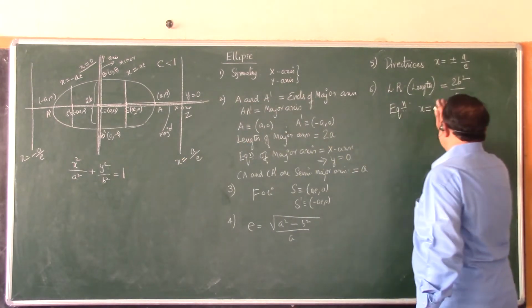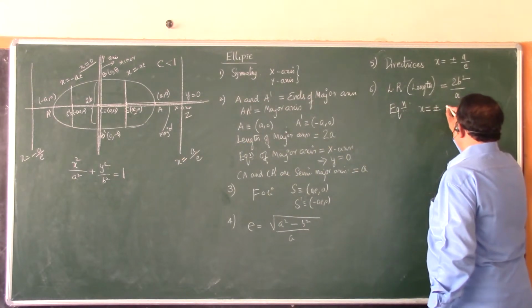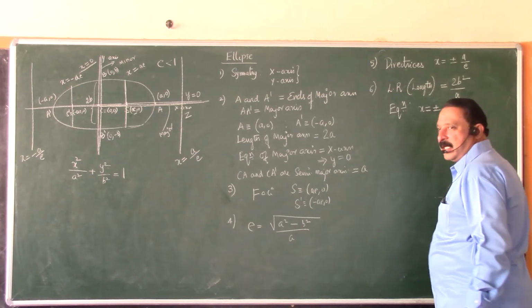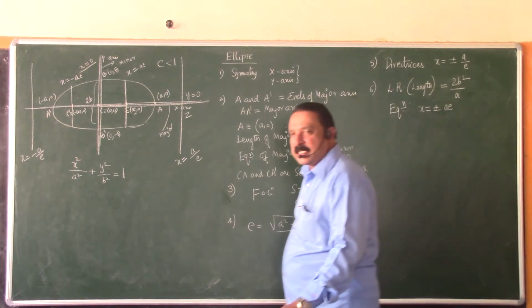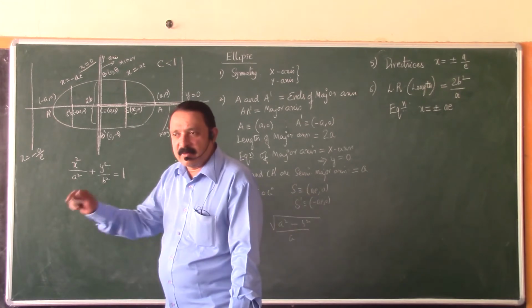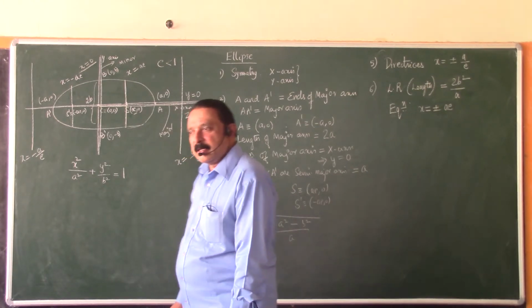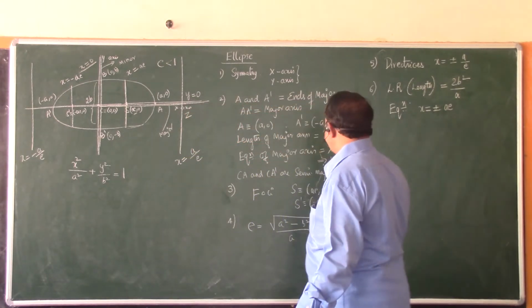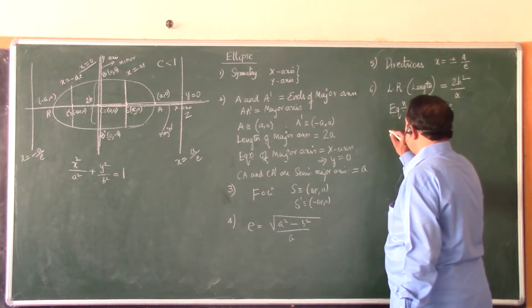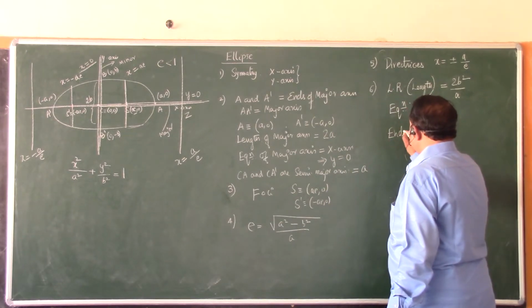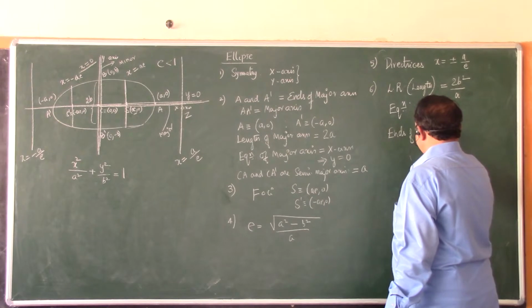So I can simply write it as x equals plus or minus ae. One equation is x equals ae, the other equation is x equals minus ae. Now the last concept is about the ends of the LR.